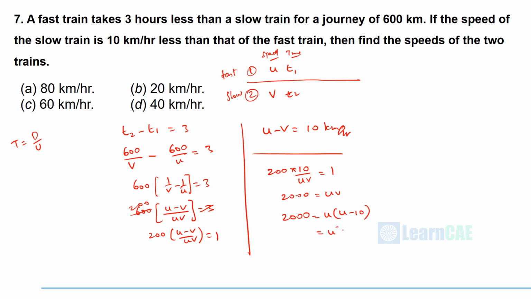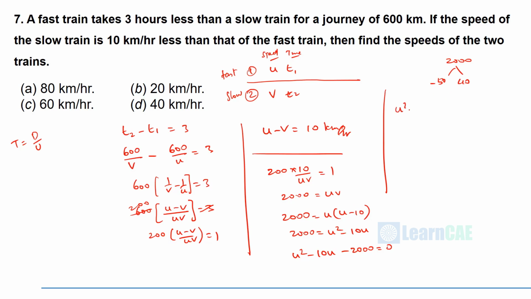This is nothing but u square minus 10u, and the left hand side is 2000. We can rearrange this: u square minus 10u minus 2000 is equal to 0. This is a quadratic equation. 2000 can be written as 50 into 40. Since it is minus, one value should be minus, so it will be minus 50.